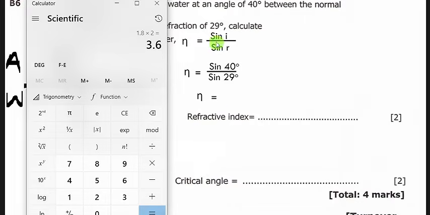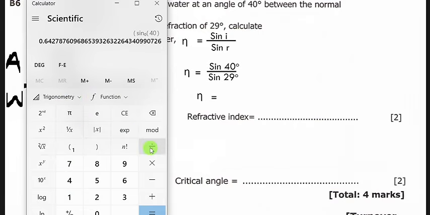If you get sine 40, let me just use brackets. First let me cancel this one. Let me open brackets, then 40. Then let me go to trigonometry, sine 40.